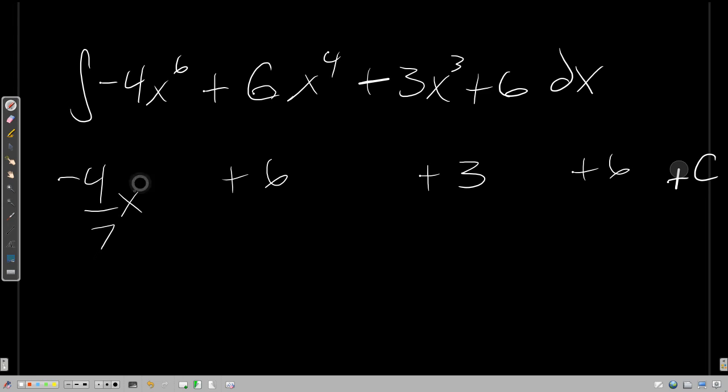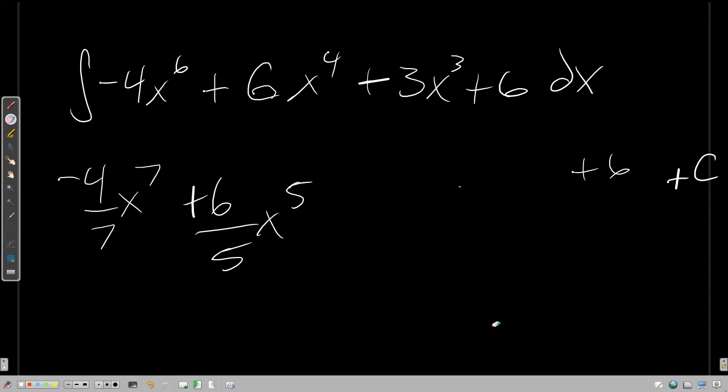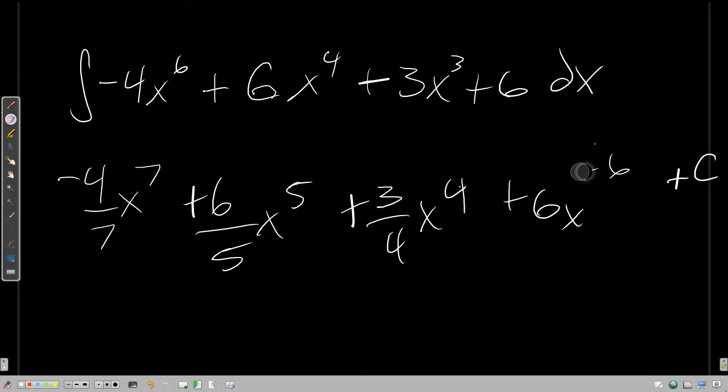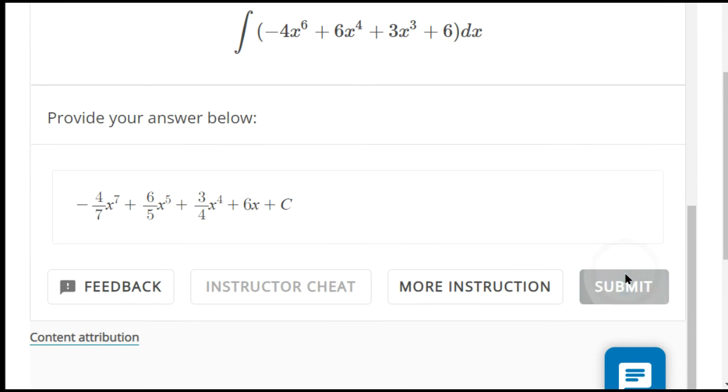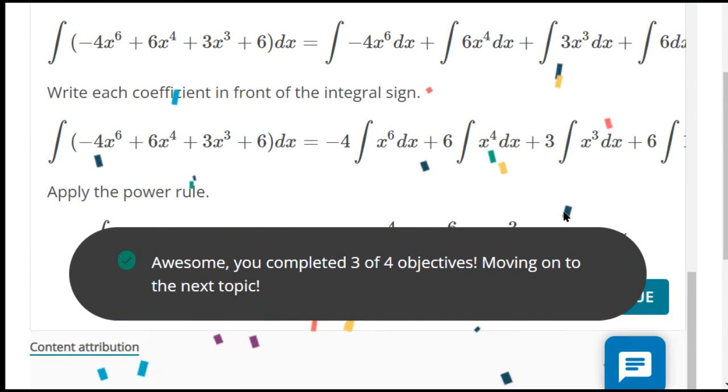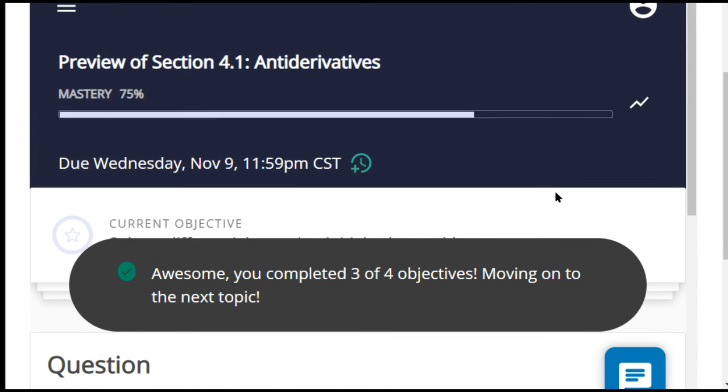And this is divided by 7x to the 7th. This will be 6 over 5x to the 5th plus 3 over 4x to the 4th plus 6 over 1 x to the 1 plus c. And that's all there is to it. Yay, 3 of 4. What happened to the second objective? I don't know.